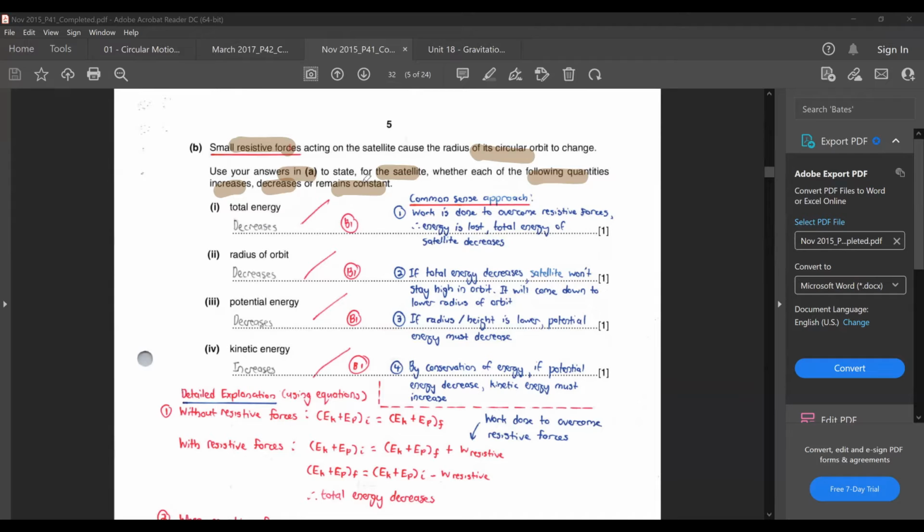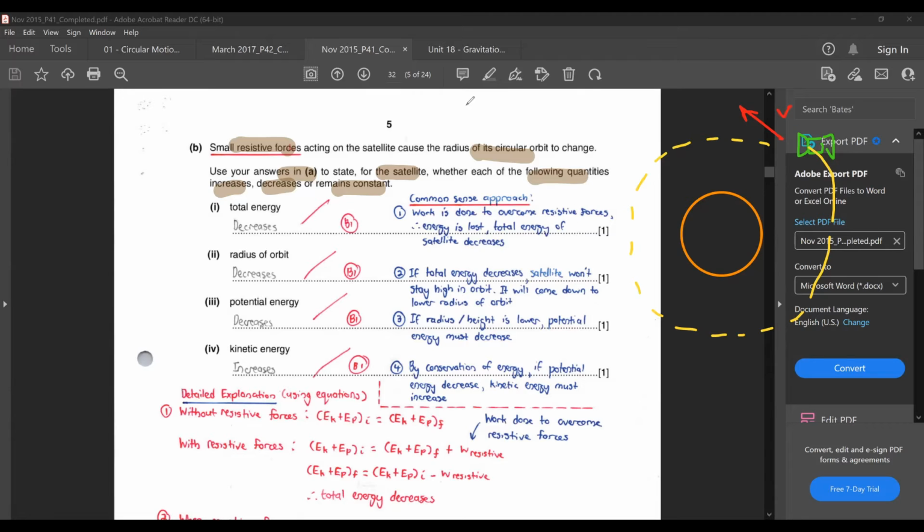So if we go back to that same situation with the satellite, this one, I think there's no need to do any complicated calculations. Just some simple common sense will actually help us to deduce the answer. So we know that our satellite is in circular orbit, is moving with certain velocity, linear speed v.